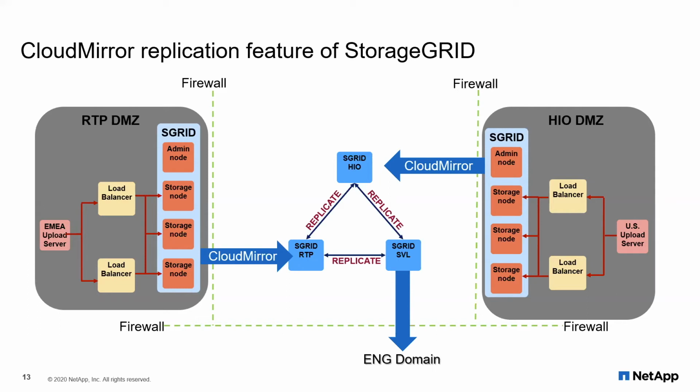Therefore, we had to create a DMZ grid, but the problem was our support team was in the core network. The platform service CloudMirror in StorageGRID allows us to move the uploaded files that were inside our DMZ grid into our core grid with just using StorageGRID configurations.